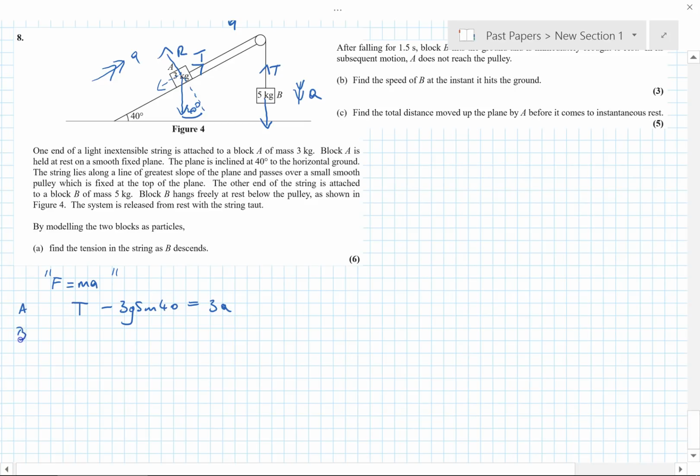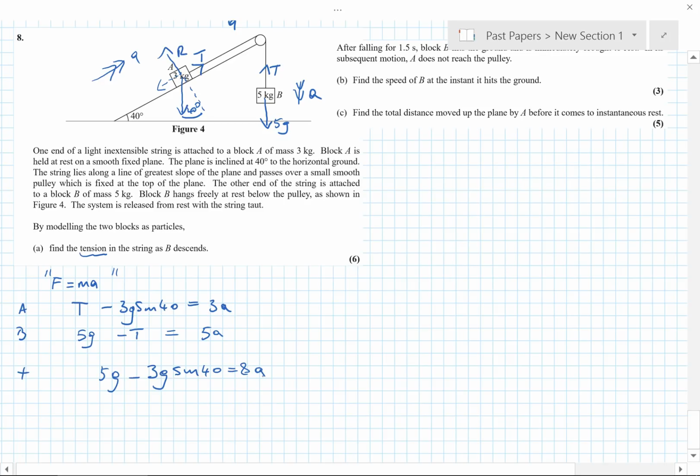Then if we do the same thing for B, well, the mass is 5, so the weight is 5g. So that's 5g minus T is equal to 5a. Now I know you're not asked for acceleration, but it's highly likely we're going to need it for the next part anyway. So we're going to work out acceleration and therefore work out T for part A. If I add these two together, we get 5g minus 3g sine 40 is equal to 8a.